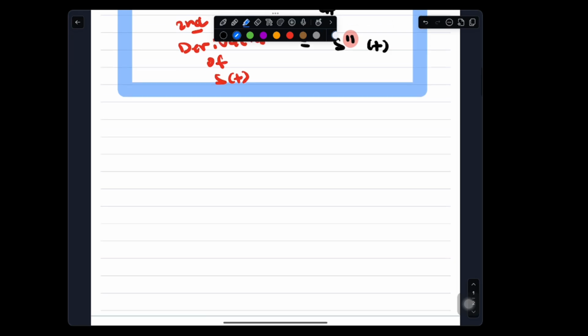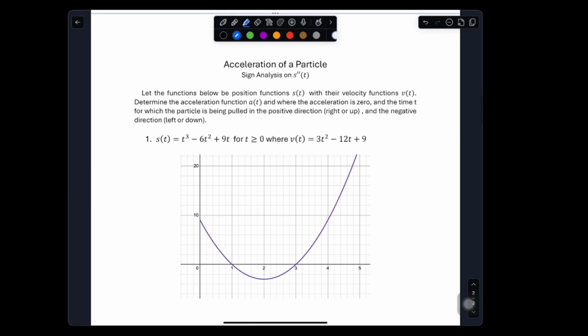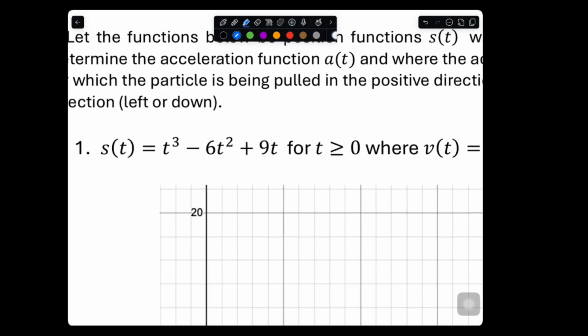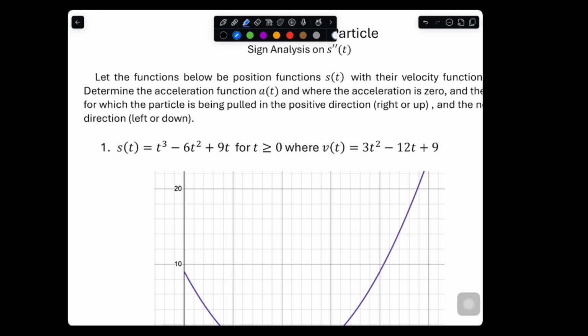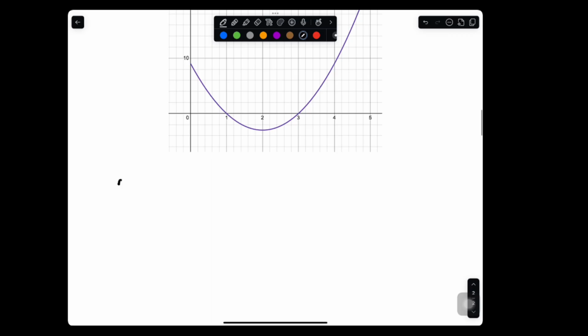And the good news about this worksheet is, the first position function, I think that was number one that we did yesterday. They gave you a position function for t greater than 0. We computed the velocity function yesterday as well. That's what we did for question 1. So if I said to you guys, what's the acceleration function?